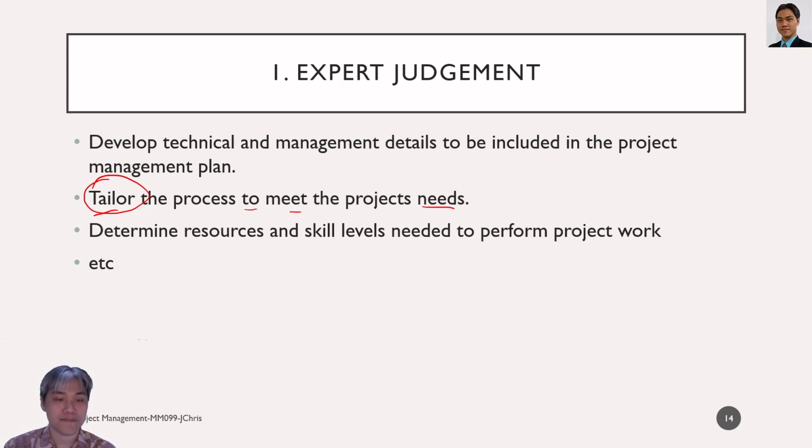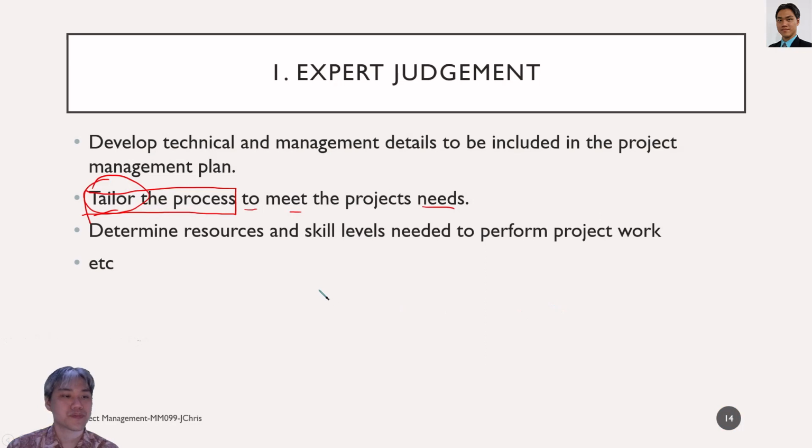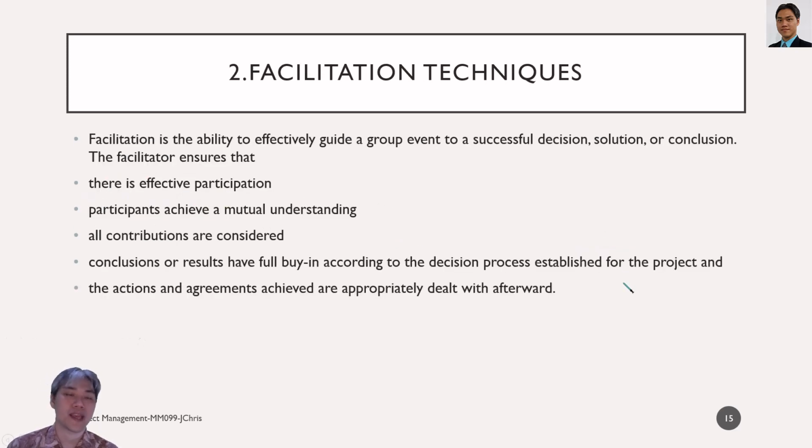The main thing about tailoring the process is that we need to create the process according to the environment in the organization, these enterprise environmental factors. We can determine the resource and skill levels needed to perform the project work using expert judgment.